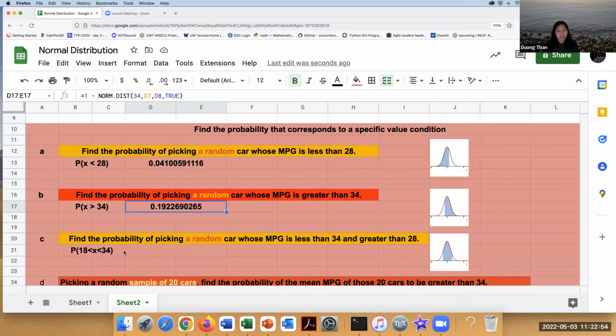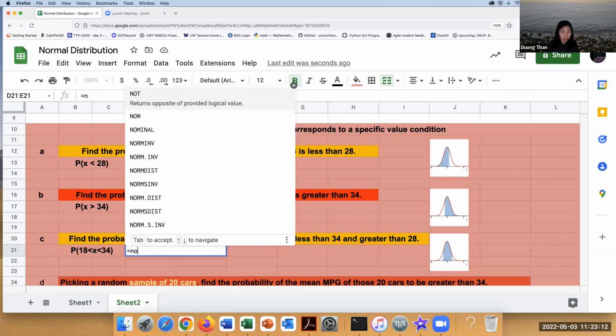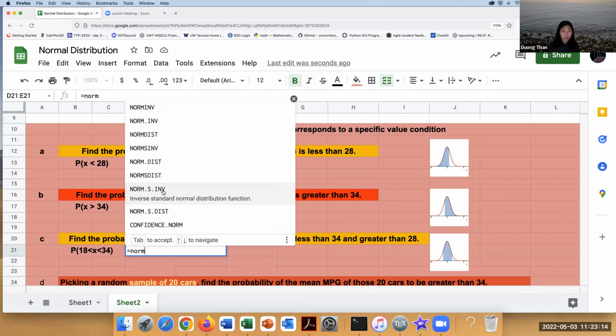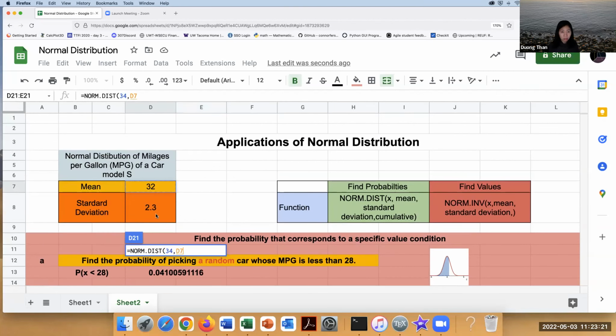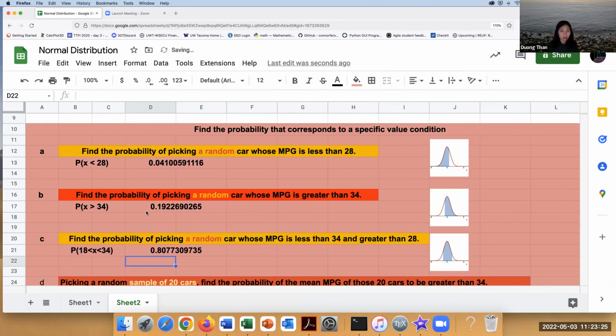Then the next question is find the probability of picking a random car whose MPG is between 28 and 34. And we know that this is a problem finding the middle probability, right? So in this kind of problem, you find the probability to the left of the bigger value and subtract the probability to the left of the smaller value.